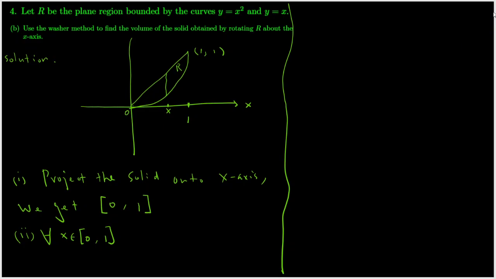For each x on the interval, the cross section, we have just seen the cross section, perpendicular to the x-axis, is a washer.